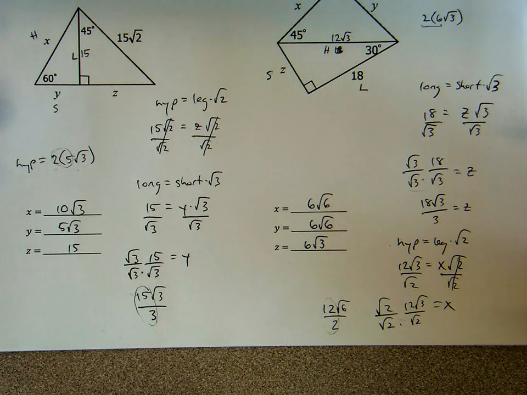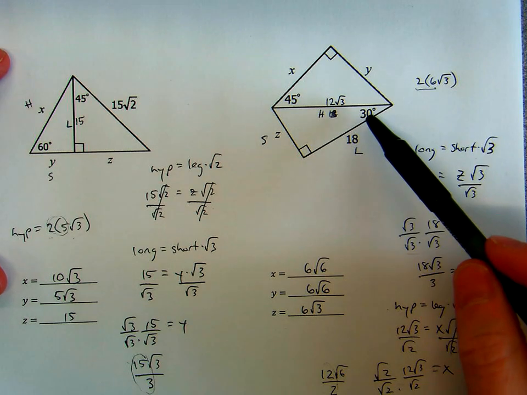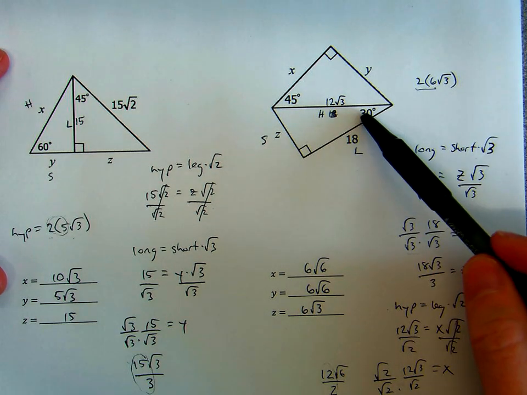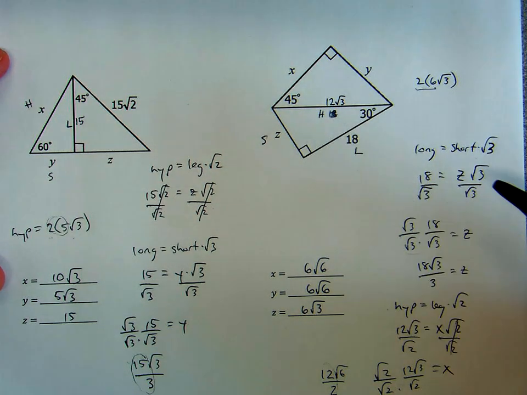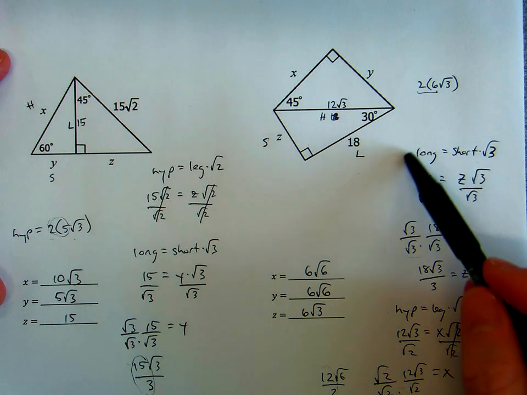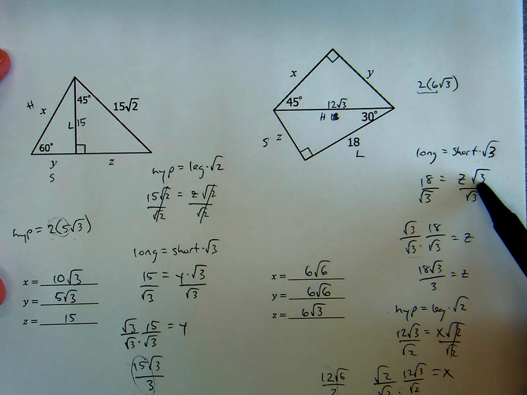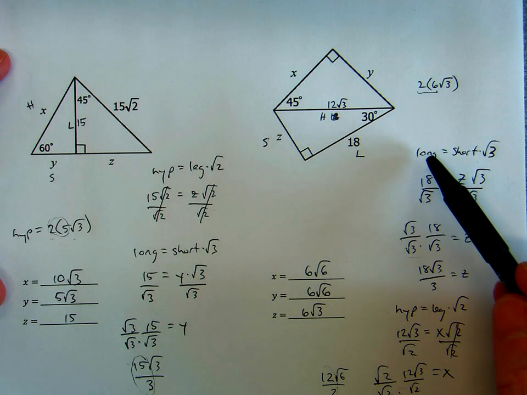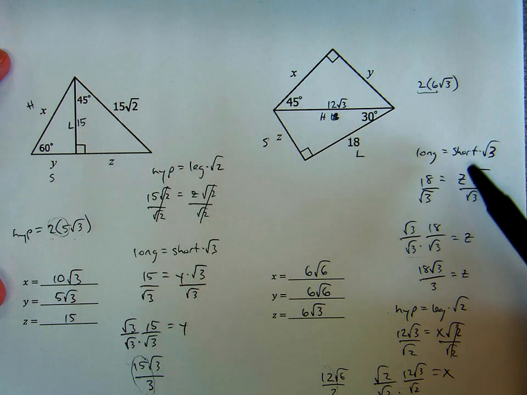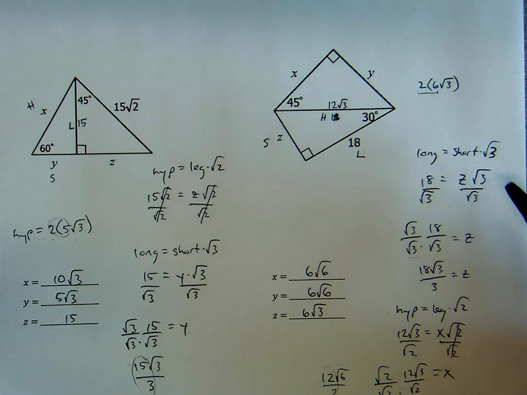So, thinking back over this, right? Recognizing the type of triangle that we have, 30, 60, 90 or 45, 45, 90, and thinking about the relationship between the sides should help move you along here. We state what the long side is, state what the short side is, and then we have this tangible equation to solve for.